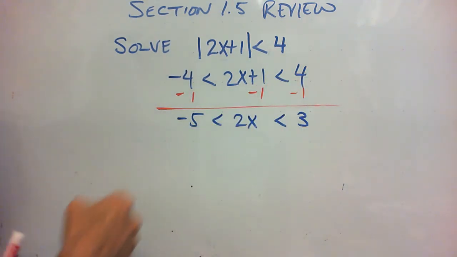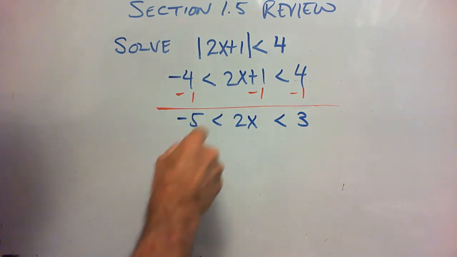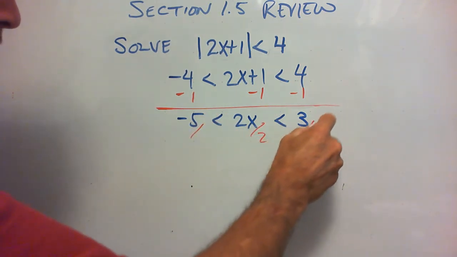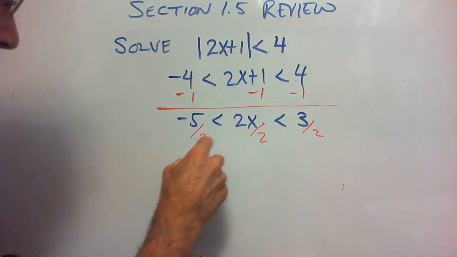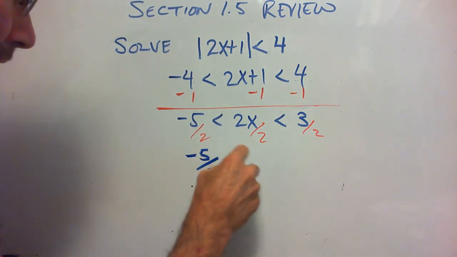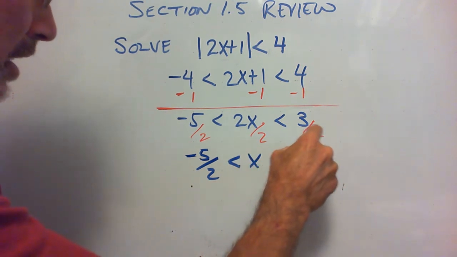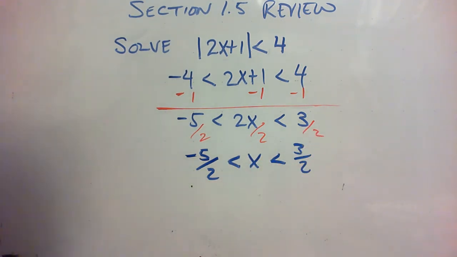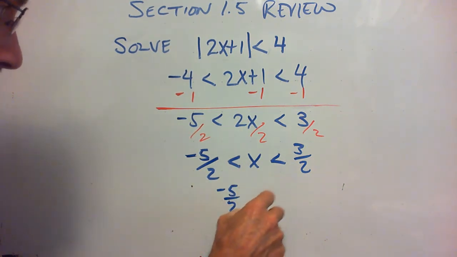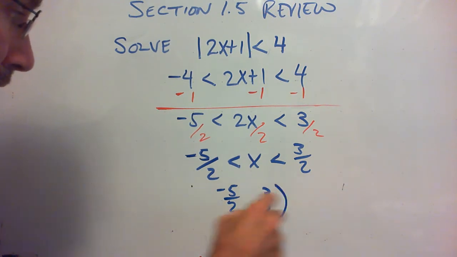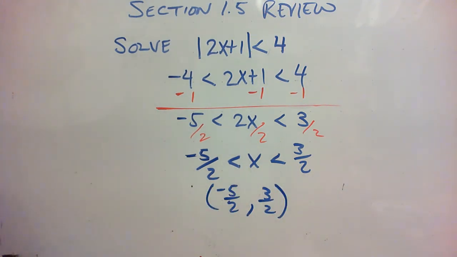And now divide all three parts by 2. And we get the answer negative 5 halves less than x less than 3 halves. And the interval notation would be negative 5 halves, comma, 3 halves with the rounded brackets.